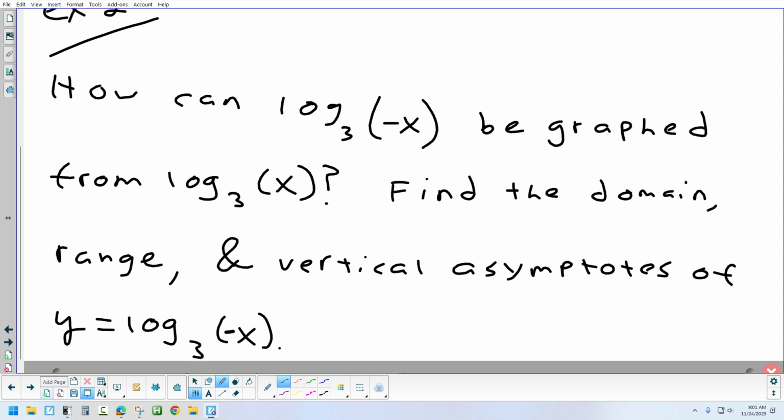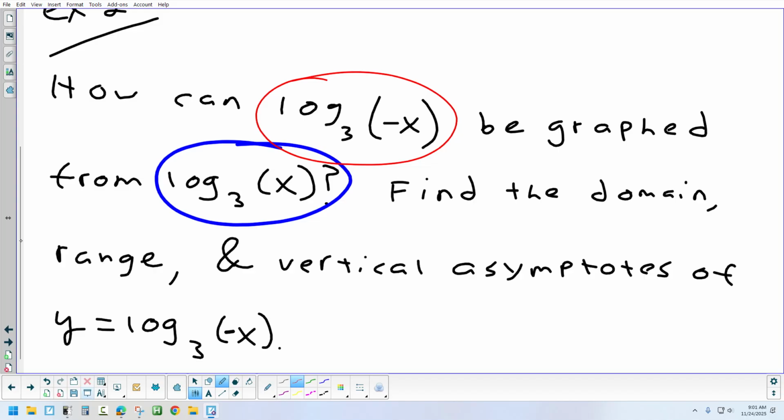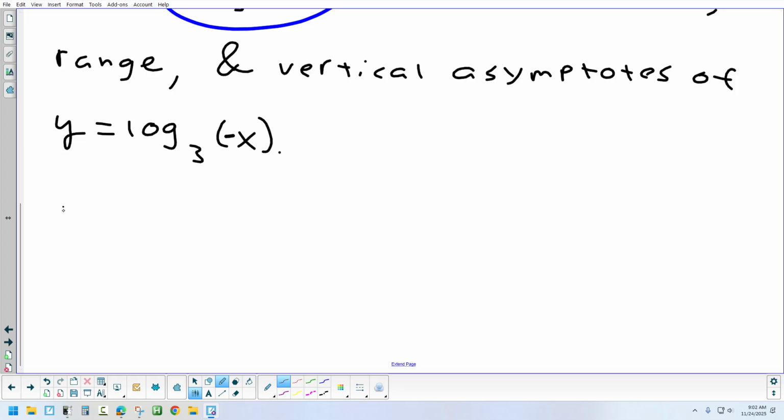All right, so first of all, how many transformations are there to change what's circled in blue into what's circled in red? Yep, one. Just one. Yep, there's only one transformation. All right, so let's write this down.